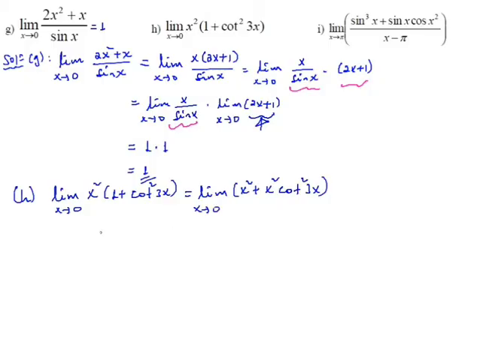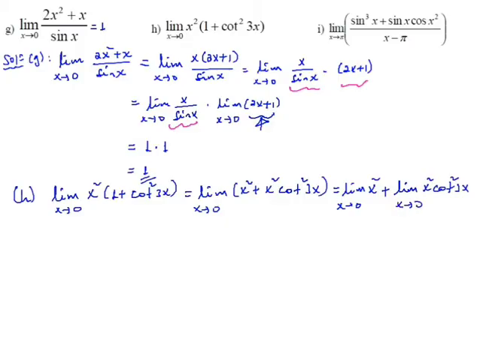So we work on them separately. This means the limit of x square as x approaches 0 plus the limit of x square cot square 3x as x approaches 0.